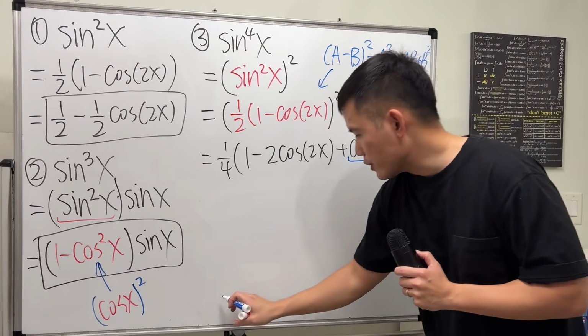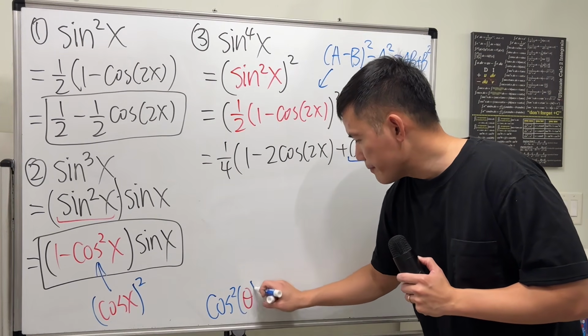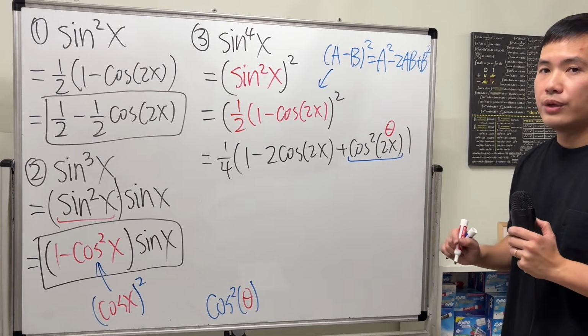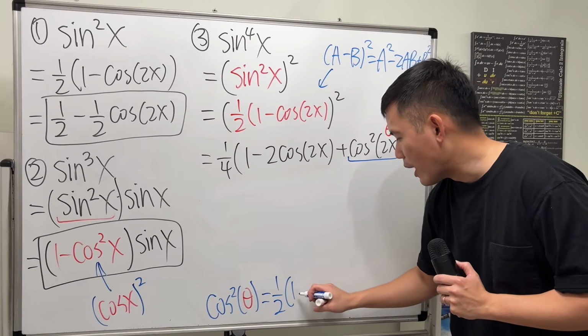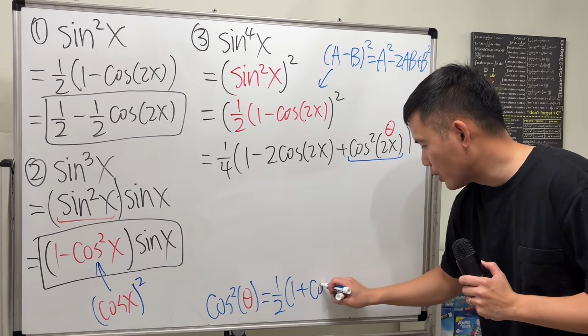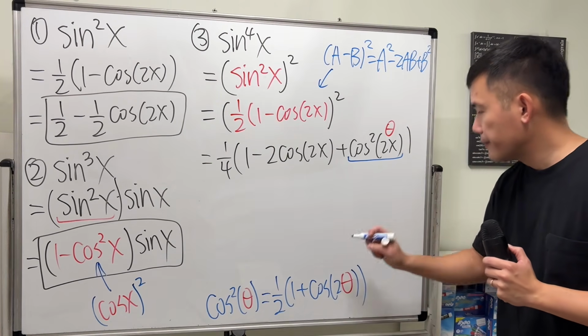For the cosine version, I will write it down here. Cosine squared theta. I'm using theta here because here we have the theta being 2x. This right here is equal to 1/2 times 1, and here we have the plus for the cosine. And then we still have cosine of 2 times whatever that angle is.